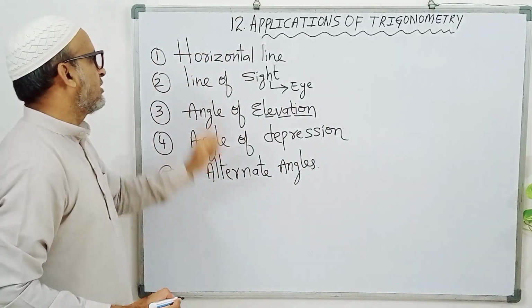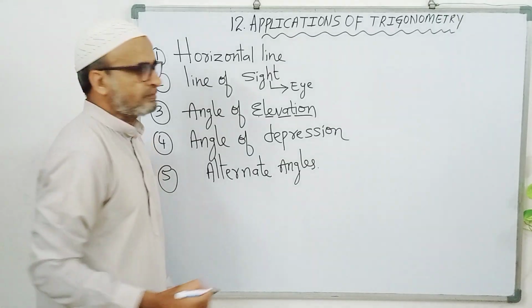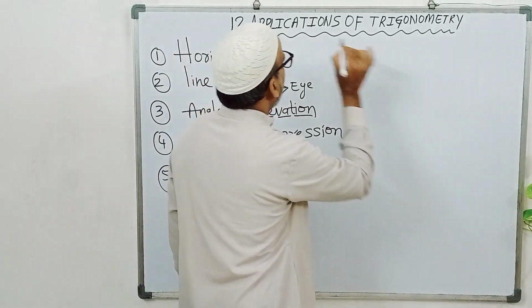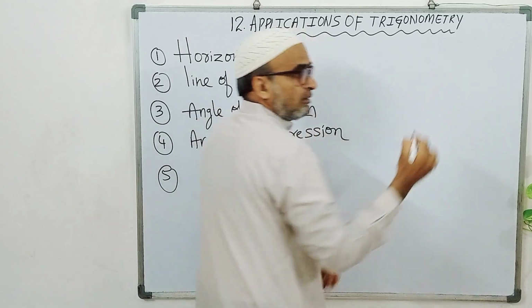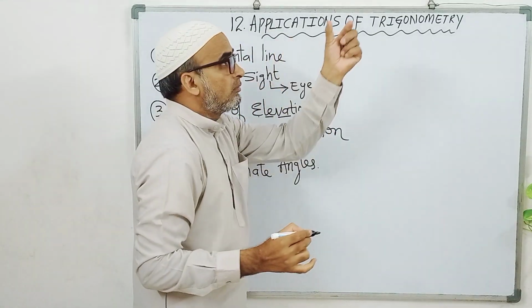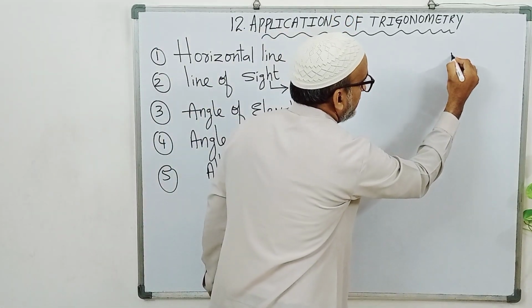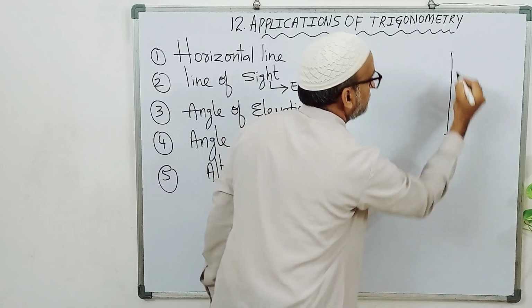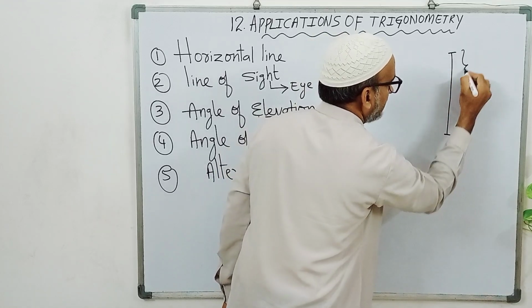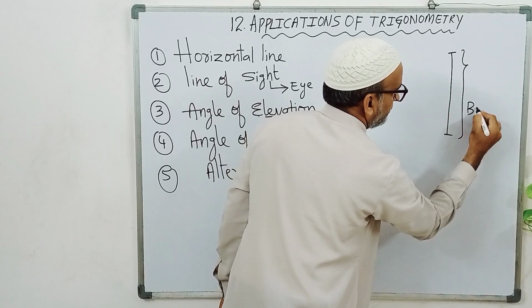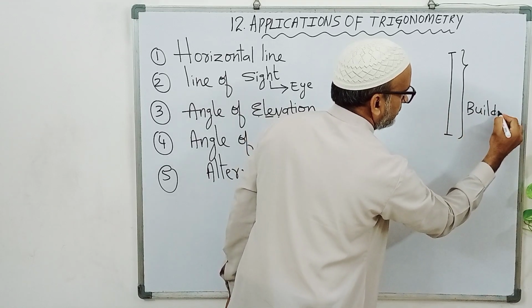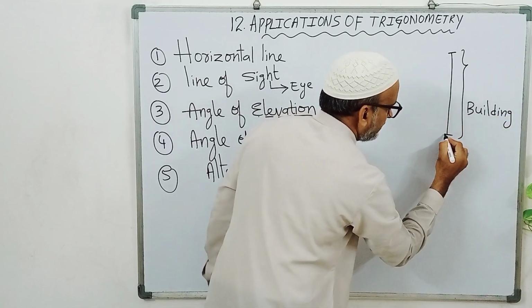Now, what is the meaning of horizontal line? Suppose, in this chapter, this is one building or tree. This is the foot of the building.